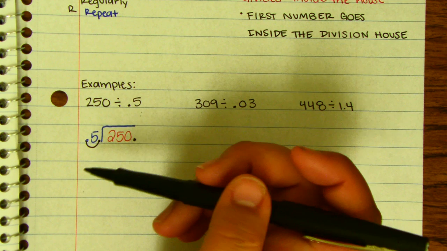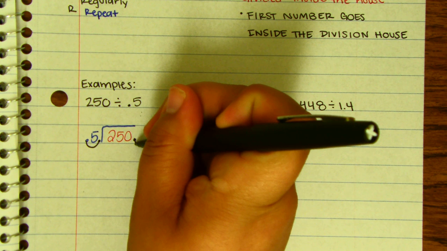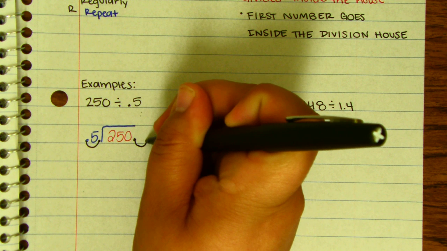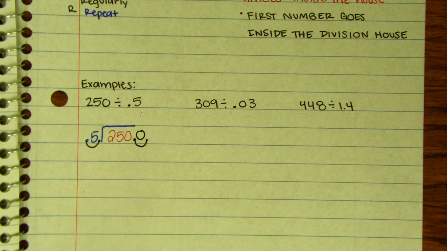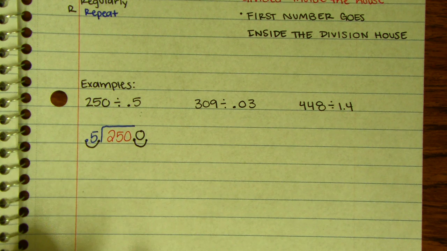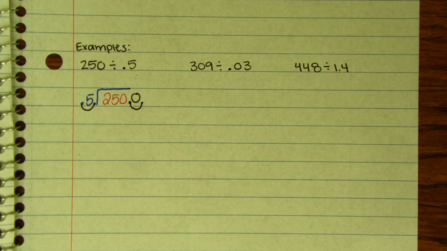So what I do to the outside of the division problem, I also have to do the inside, which means that I'm going to add on another 0 onto this number. Because I don't like the way that looks and I want to be as clean and careful as possible, I'm going to rewrite my division problem.